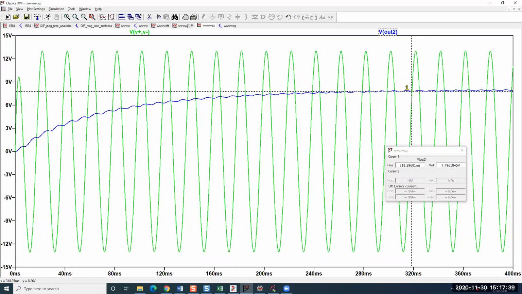And then you can see a ripple with that. Yeah, Michael, that's right. And it also does it right.